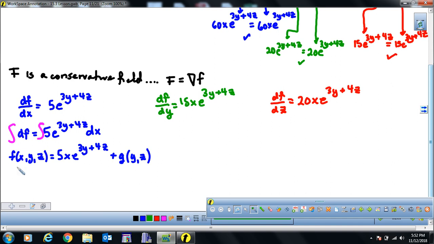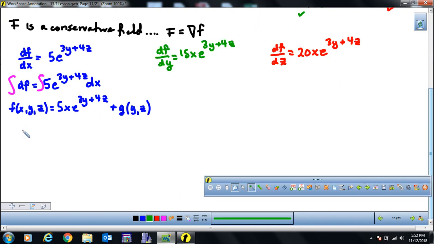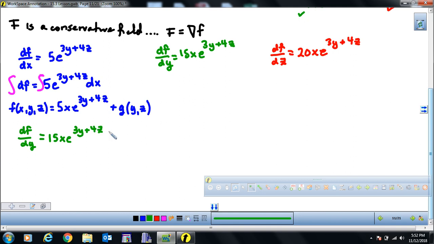So that's what the next step would be. So the derivative of this function with respect to y is going to be the derivative of 3y plus 4z, which would be 3 times 5x, which is 15x e to the 3y plus 4z, plus the derivative of this function g with respect to y.